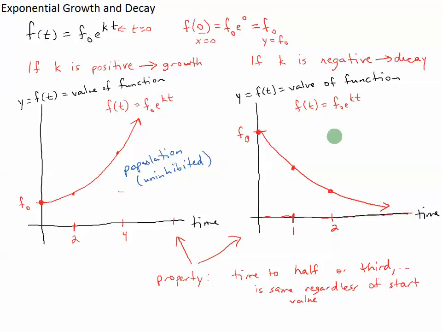And over here we've got decay, and that can be seen a lot with decay of radioactive substances, things that decrease continuously. So that's exponential growth. If your k value, your constant rate up here, is positive, you'll have growth. If your k value or your rate is negative, then you'll have decay.